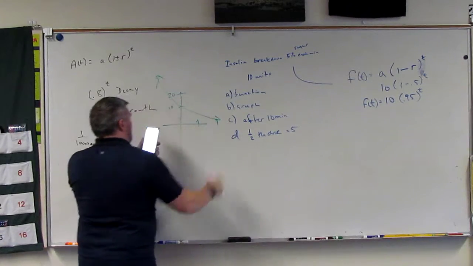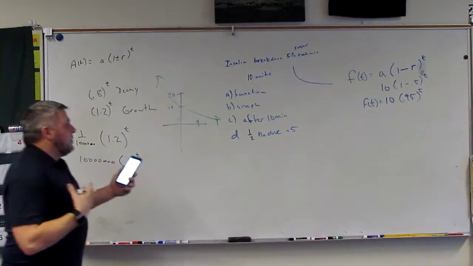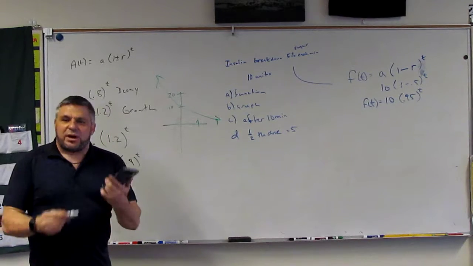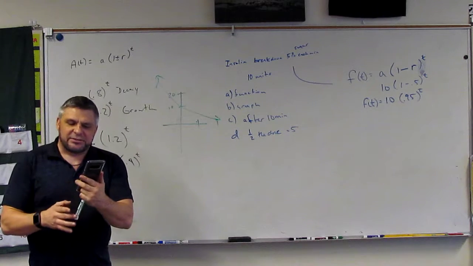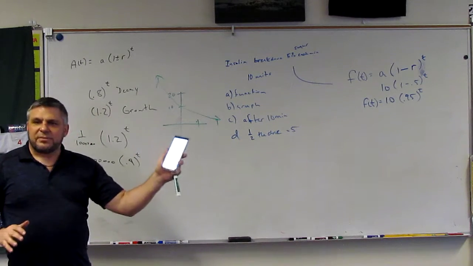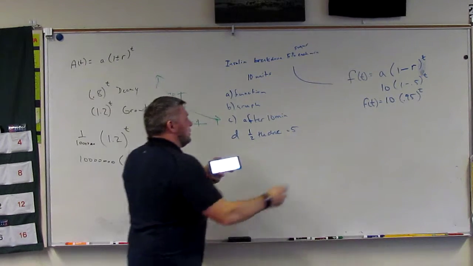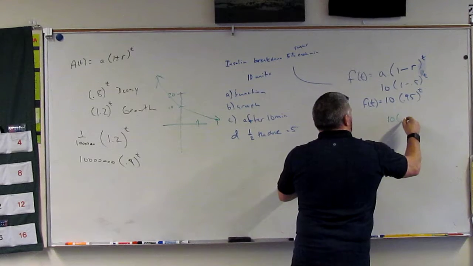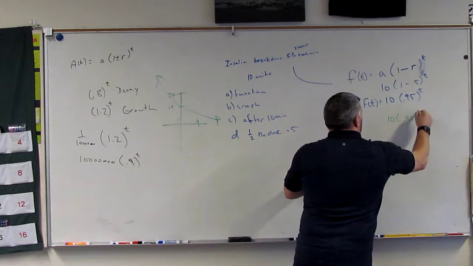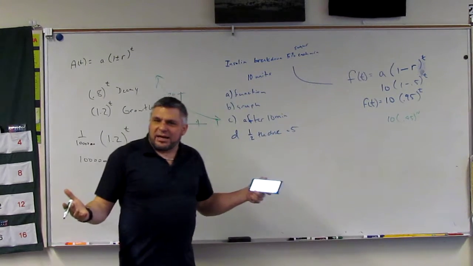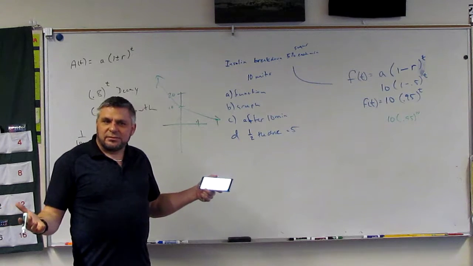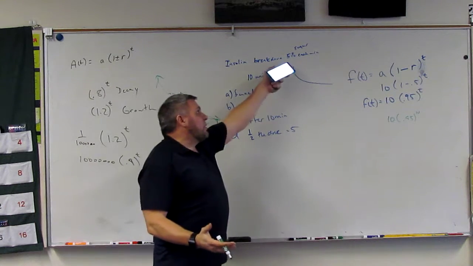What we want to know is after 10 minutes, how do I know exactly what it is after 10 minutes? Well, I take my calculator and I go 10 times 0.95 to the 10, right? Remember, this was per minute.